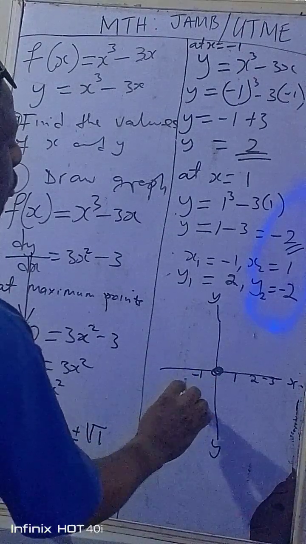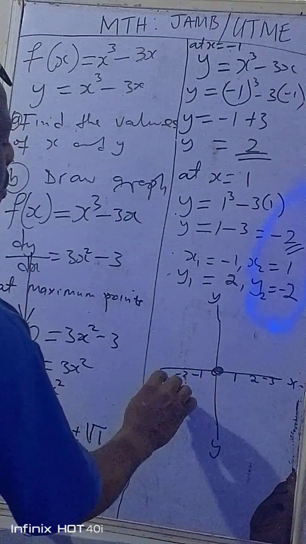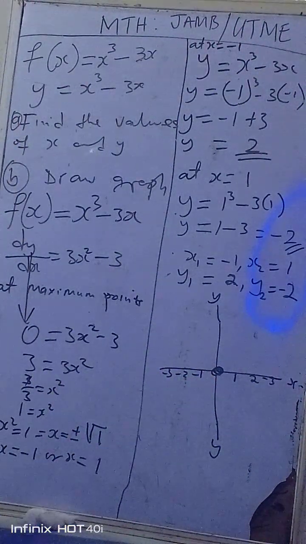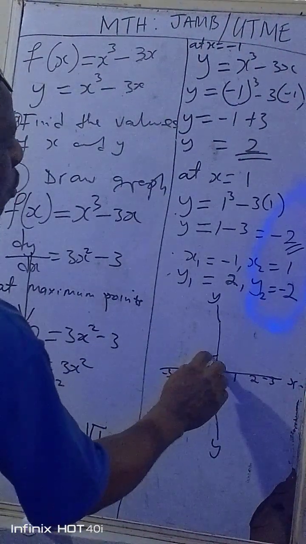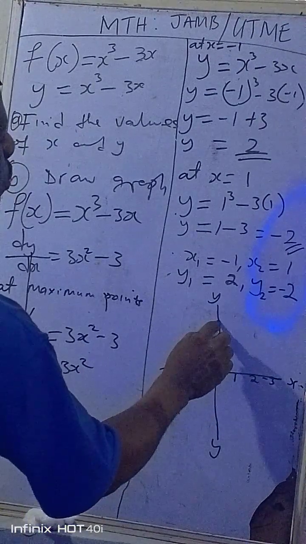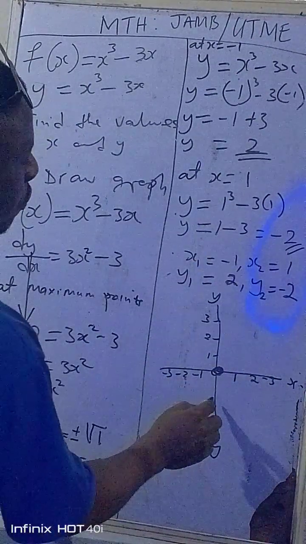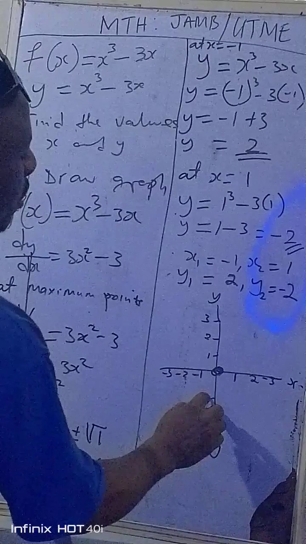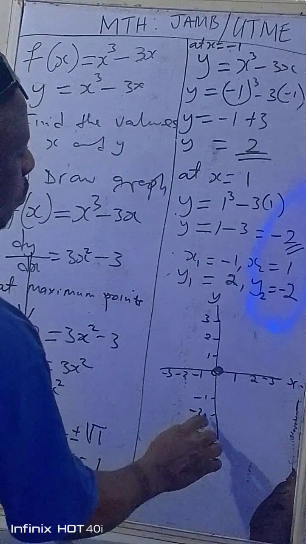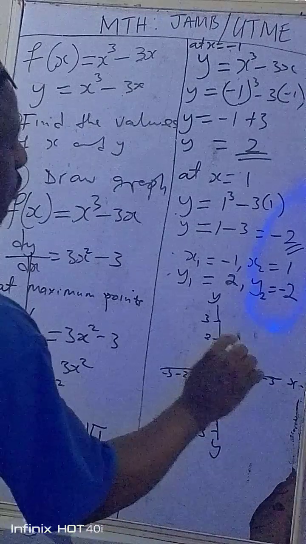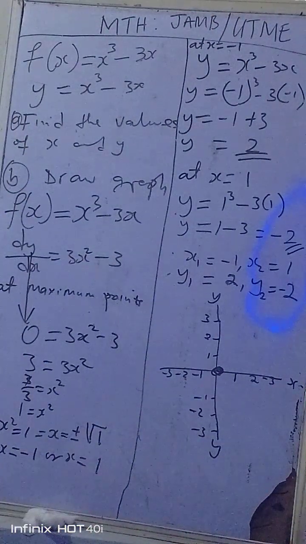So minus 1, minus 2, minus 3, and so on and so forth. And remember that for y, here we can have 1, 2, 3, and so on and so forth. So here we can have minus 1, minus 2, minus 3, and so on and so forth. Did you get that now?